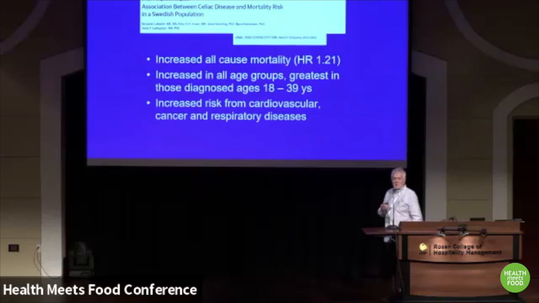And this is, we've been working with the population database in Sweden, because there you can look at everyone, whereas you can't do that in this country. And the increased risk of death is from cardiovascular disease, and we'll talk about that, cancer, various cancers, and respiratory diseases. And we can address that by vaccines. So some of this is important.